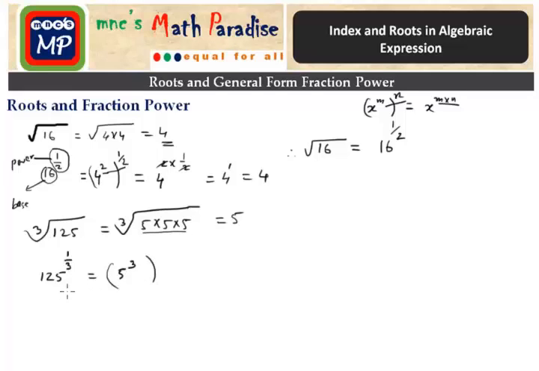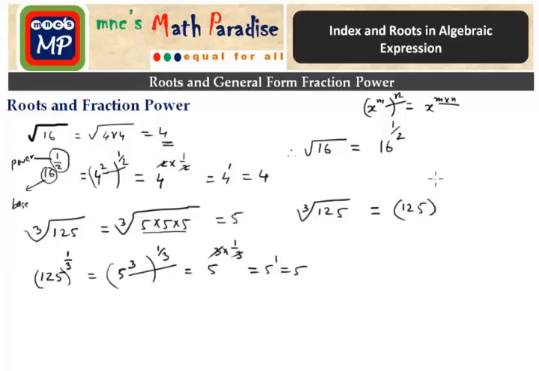So 5 cube is 125 and 1/3 power is there. Now power on power, so if we multiply, then it will have 3 times 1 by 3. 3 cancel, then 5 to the power 1, that is 5. So here we can see cubic root of 125 is 5, 125 to the power 1/3 is also 5. So we can write cubic root of 125 equals 125 to the power 1/3, fraction power.